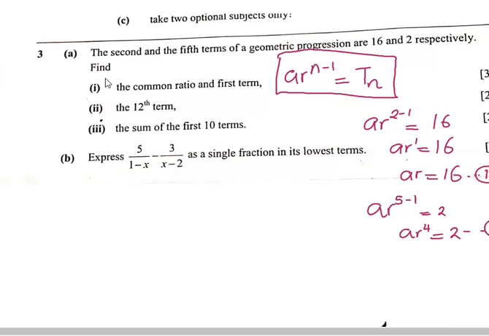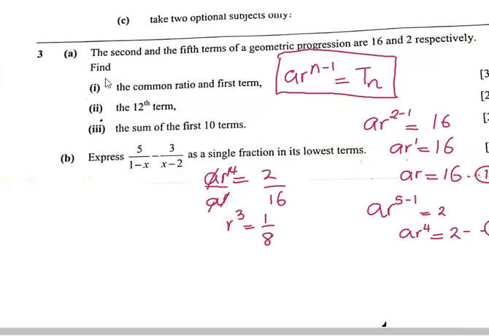So what we're going to do, we'll divide the second equation by the first one. What I mean is that we're going to say A R to the power 4 is equal to 2, divided by the first equation, which is A R, and then here we have 16. A and A cancel, then here what we have will be R to the power 3. This side, we ought to simplify, so it will be 1 over 8.